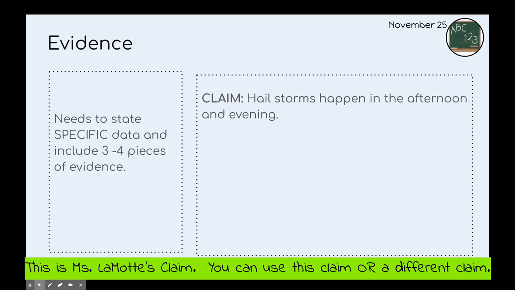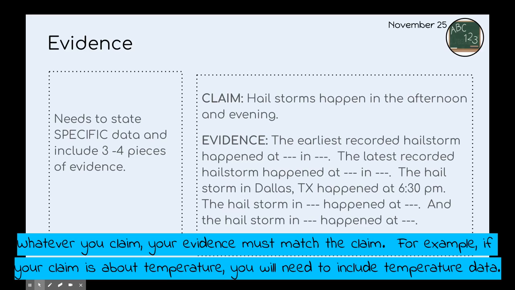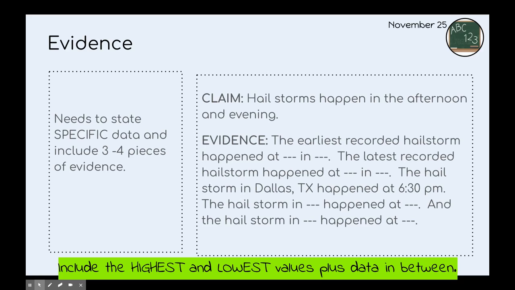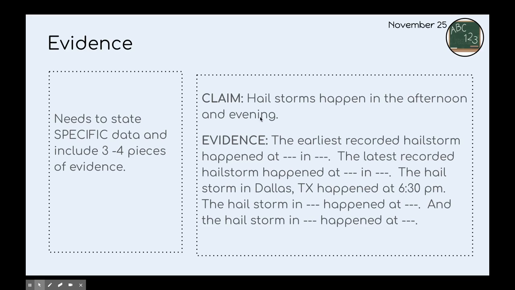So for example, if I wanted to write the claim, hailstorms happen in the afternoon and evening. My evidence is going to need to be several pieces of specific data from different locations about when the hailstorm occurred. Also, if you can, it is helpful to have in your data set the highest value and the lowest value. So for time, the highest value would be the earliest, and the lowest value would be the latest.